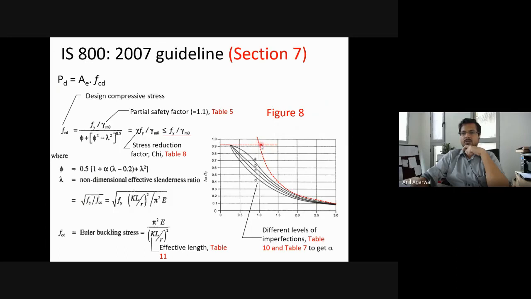So here also, after dividing by gamma m0, this is the curve I get. So you can see that even for high slenderness, you will get slightly lower capacity. It is never meeting this curve completely, except for very small cross sections, small lengths.